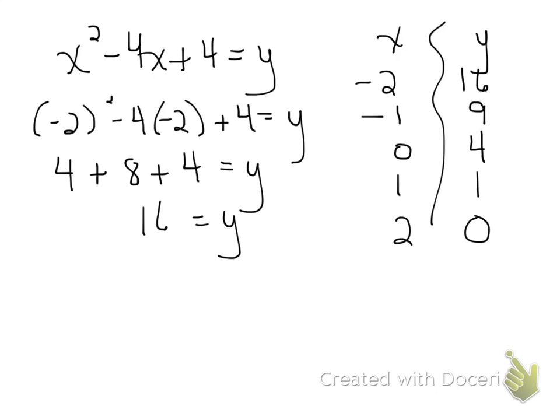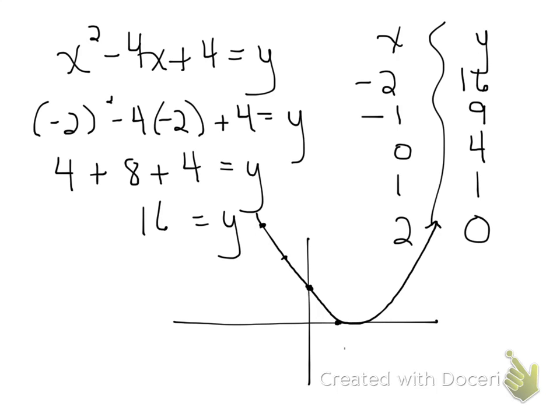So here, you can see from the graph, if you do a quick sketch, negative 2, 16 is way up here. Negative 1, 9 is here. 0, 4. And then 2, 0 is right here. So it's going to look something like this according to the symmetrical properties.